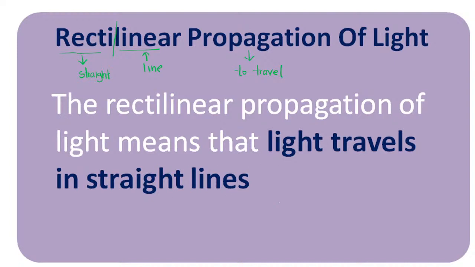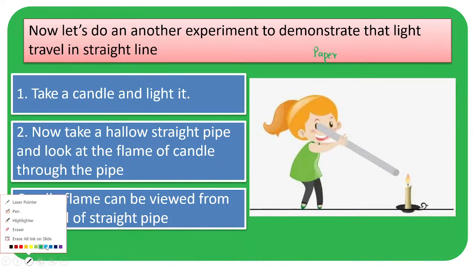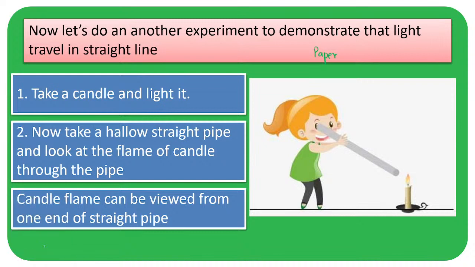Let us try to understand this property in detail with the help of an activity. You can also do this activity along with me. What you need is just a paper. Fold the paper in a cylindrical manner and make a hollow pipe like this.